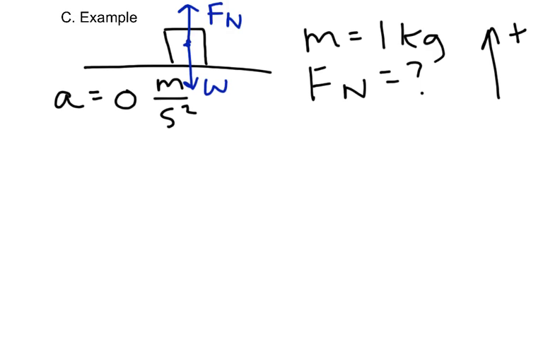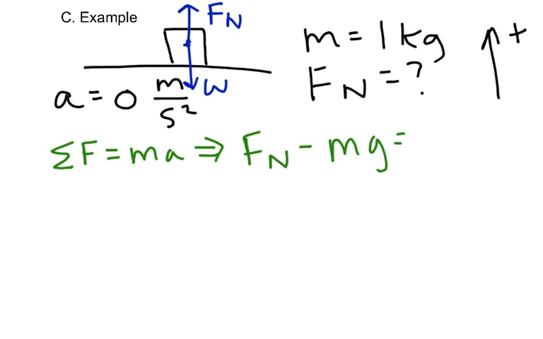Now, if I apply Newton's second law of motion, the formula is the sum of the forces is equal to ma. Rewriting this, that would be the normal force minus the weight, or mg, is equal to ma.